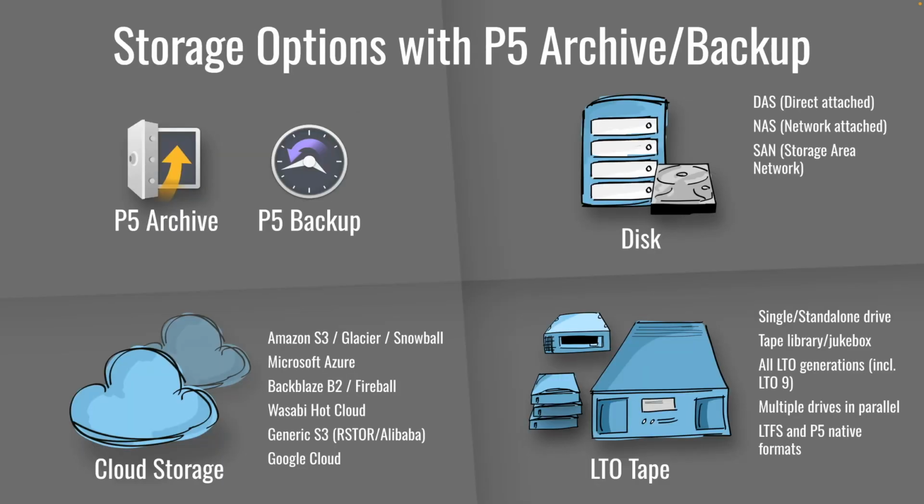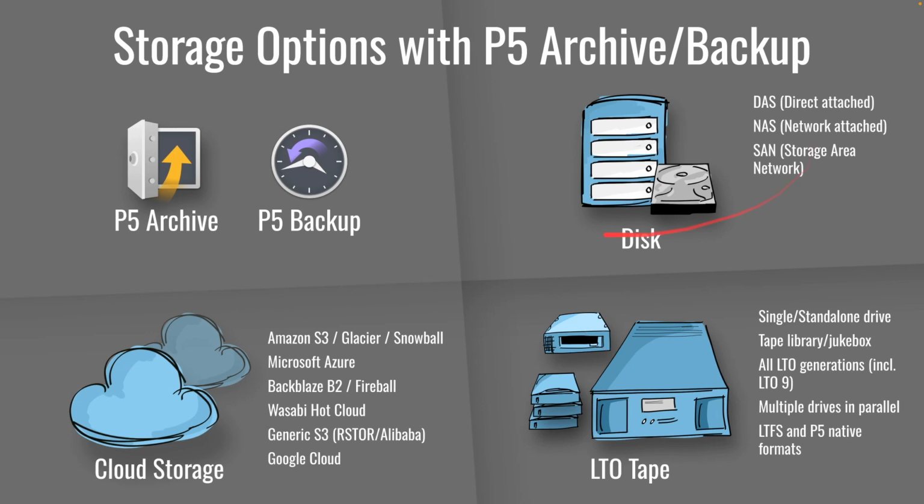The storage options available for archive and backup are cloud storage from vendors like Amazon, Azure, Backblaze, Wasabi, and many more, including generic S3 connections to lots of new emerging products that are using the S3 protocol. Then we have our class-leading LTO tape support, where we support drives and libraries from all vendors, using all different interconnects: SAS, Fibre Channel, Thunderbolt, even Ethernet.